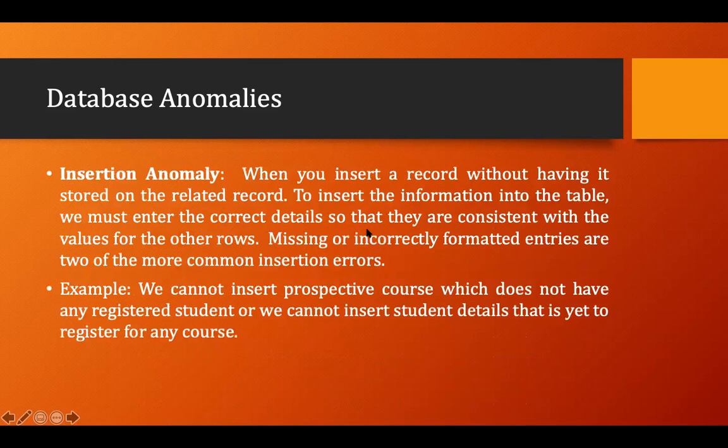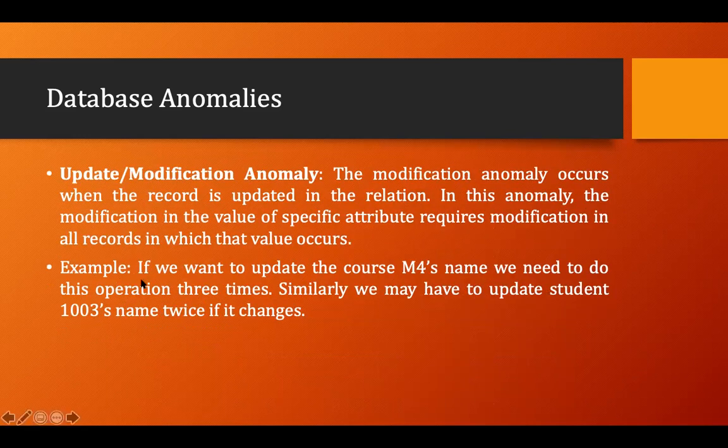Getting it? What is the meaning of all the occurrences? Let's say we have an example. Let's say we want to update the course M4 name. We need to do the operation 3 times. Similarly, we may have to update student roll number 1003's name twice if it changes.